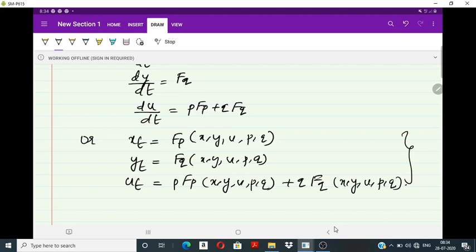The solutions of these equations are known as the characteristic curves of the corresponding nonlinear equation. In the quasi-linear case, we can see that these equations coincide with the characteristic equations.